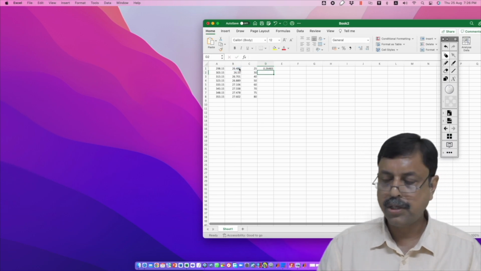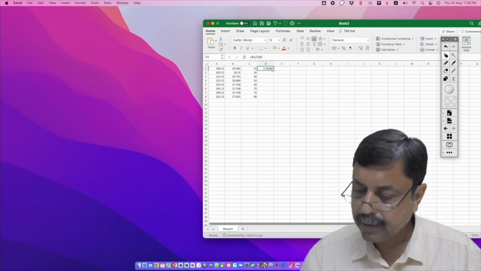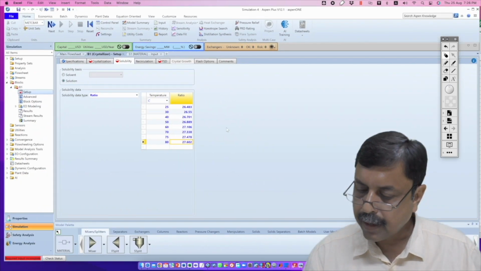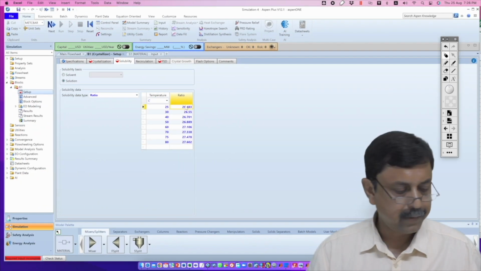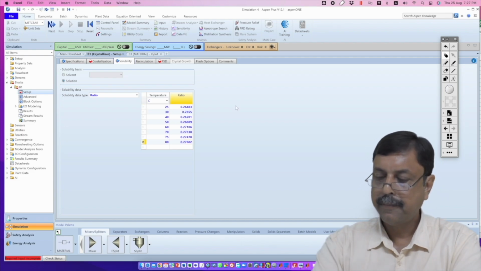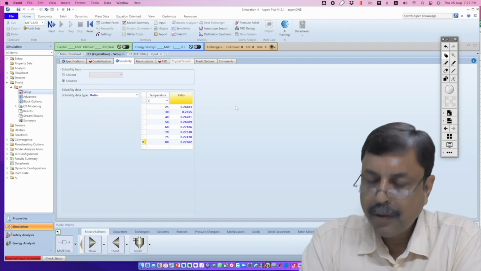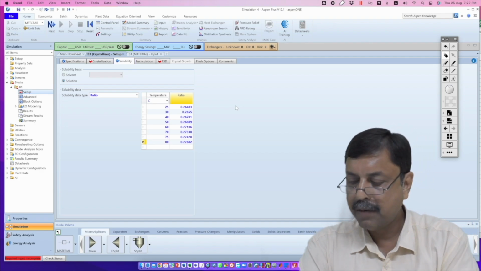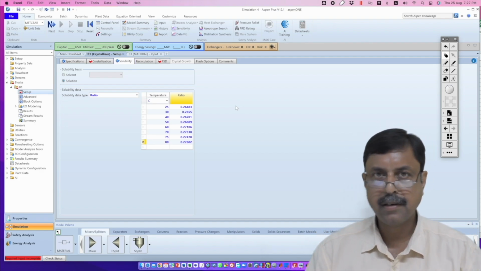Okay, so the ratio will be like this. So copy it and then place it over here. Yeah, now it is done. So we have fixed the ratio at various temperatures starting from 25 degrees centigrade to 80 degrees centigrade.